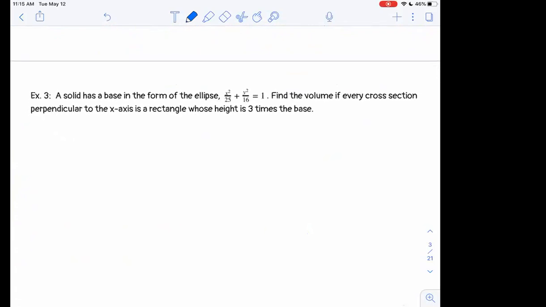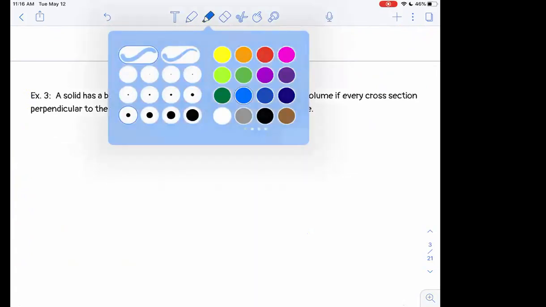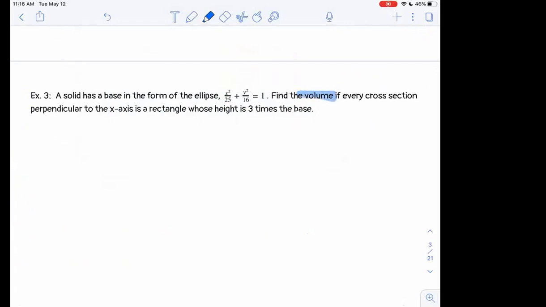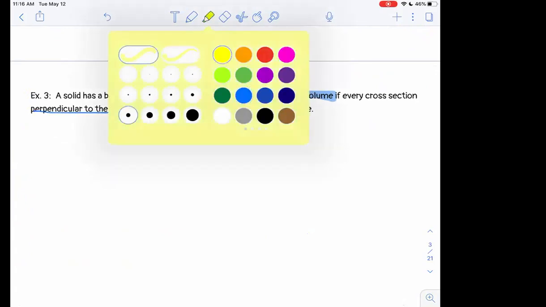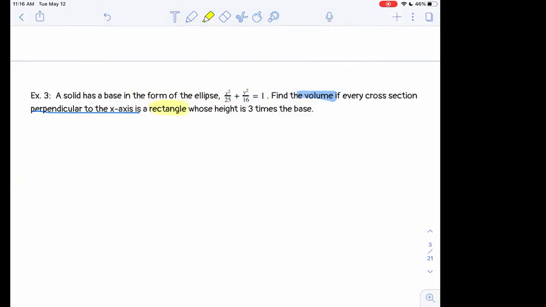Question number 3 says a solid has a base in the form of the ellipse x squared over 25 plus y squared over 16 equals 1. Find the volume if every cross section perpendicular to the x-axis is a rectangle.